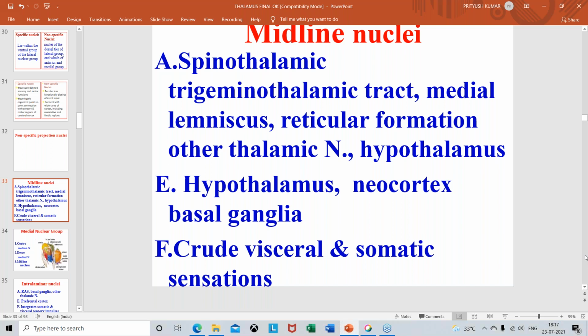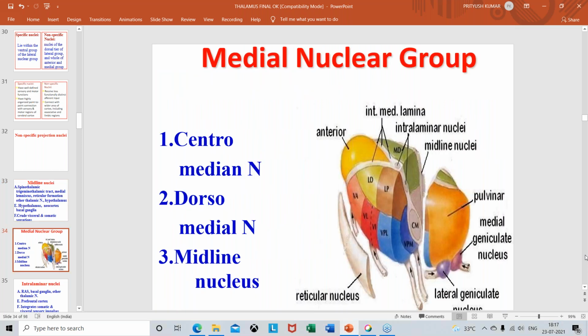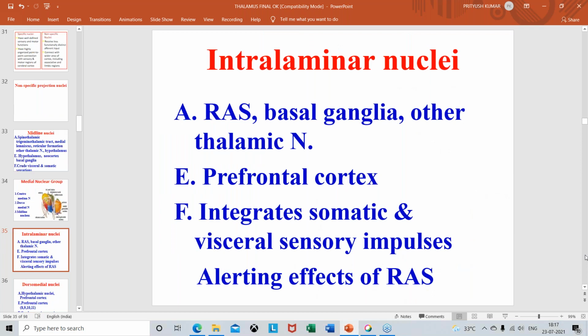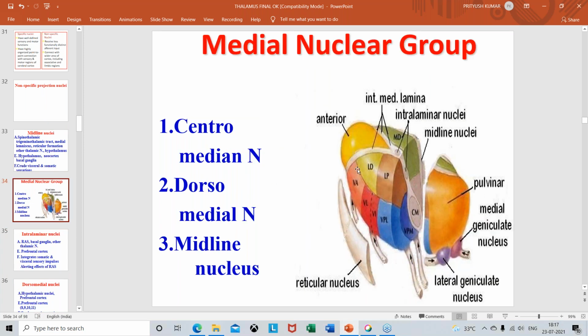Then the next nuclei are the intralaminar nuclei. What happens within this internal medullary lamina? You'll find so many nuclei are there. These are referred to as intralaminar nuclei because they lie in the internal medullary lamina.